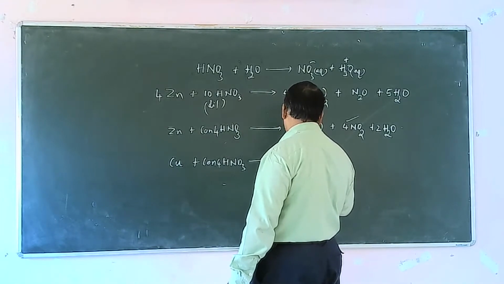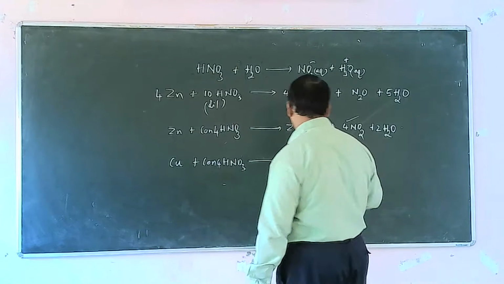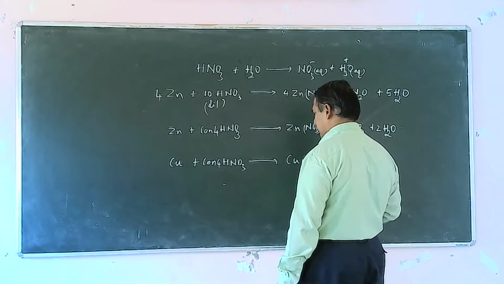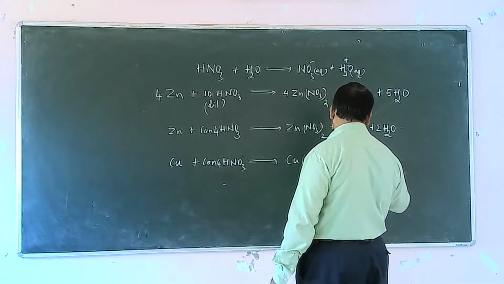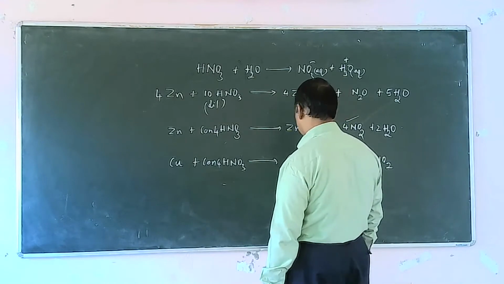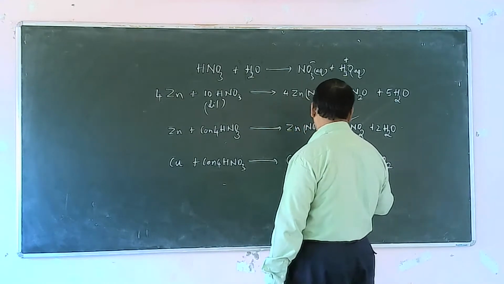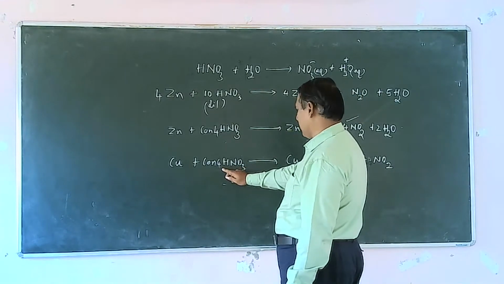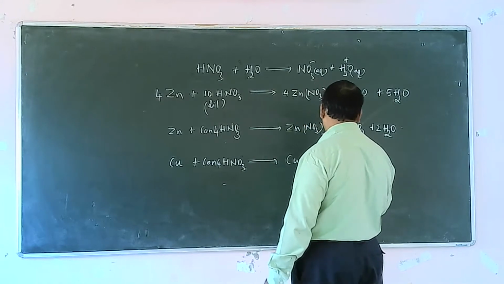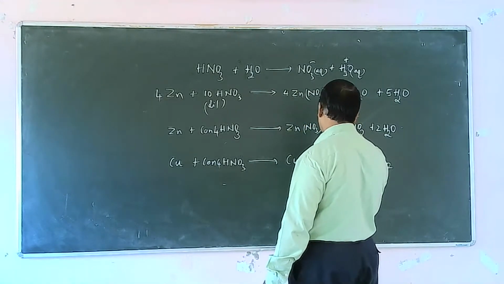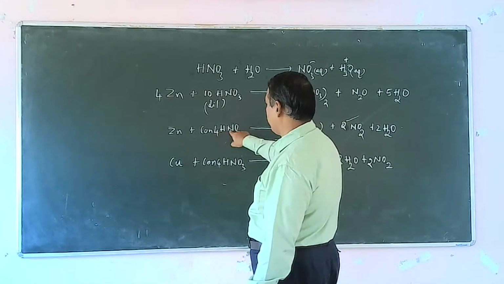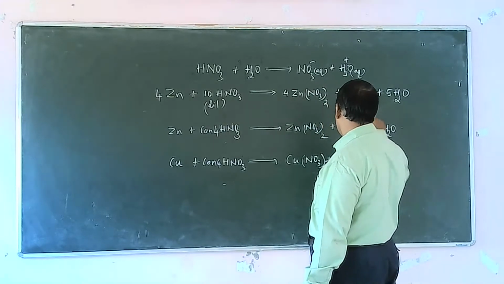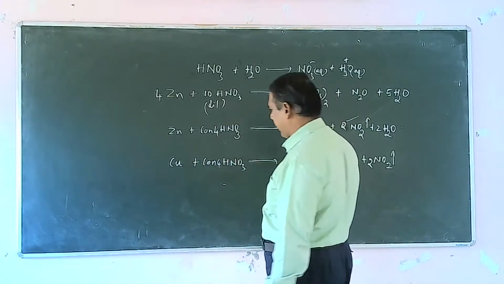You will get Cu(NO3)2 plus 2H2O plus 4NO, and we can convert NO to nitrogen dioxide gas; just balance here. See the number of atoms.